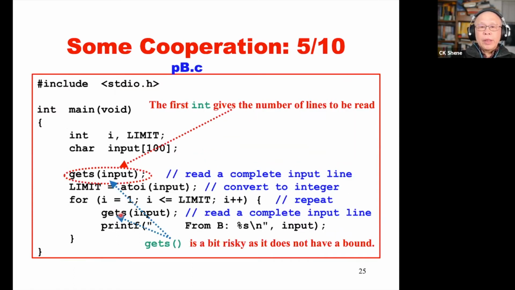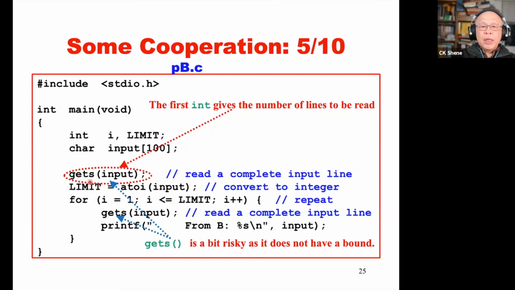Then let's take a look at pb.c. The structure of pb.c is exactly the same as pa.c, except for the way of reading input. So the first line reads a complete line into the character array input.